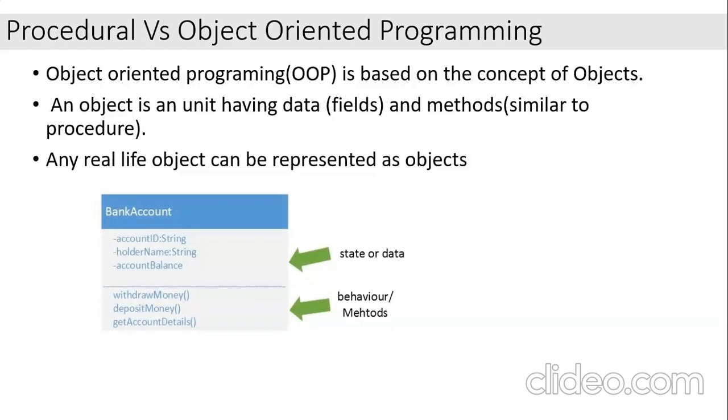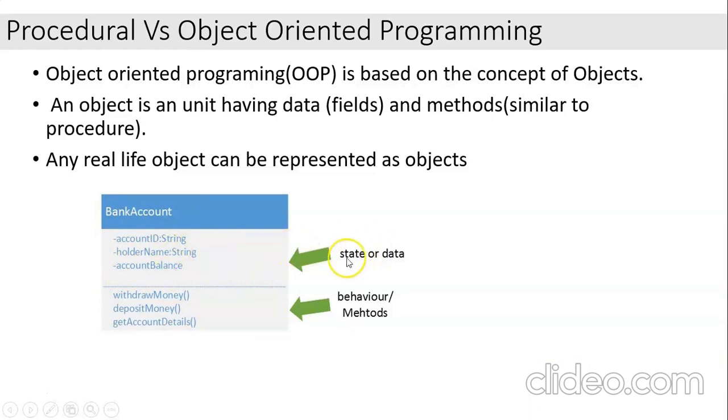Let's look at an example: a bank account. A bank account may have an account number, holder name, account balance, or maybe many other things like your date of birth, your address, your personal details. But for conceptual purposes, let us create a very simple bank account having an account ID, holder name, and account balance.